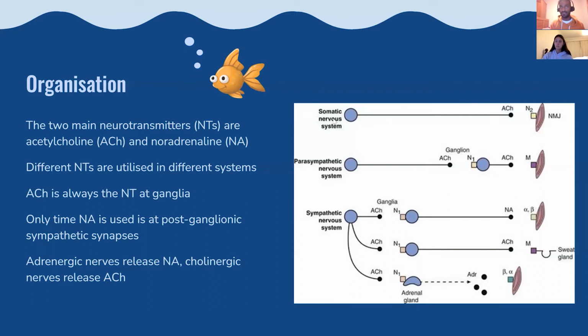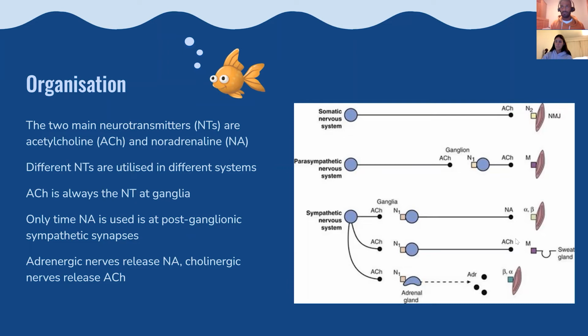In our somatic nervous system, if we want to innervate muscle, we have acetylcholine at an N receptor. In the parasympathetic nervous system, we have acetylcholine on the presynaptic nerve. That will bind to an N receptor and go on a postsynaptic nerve, which will also release acetylcholine, which will bind on an M receptor.